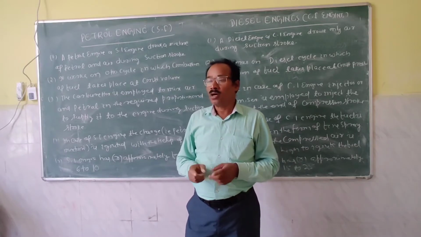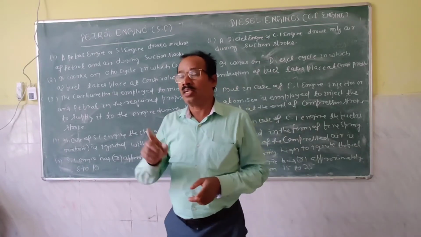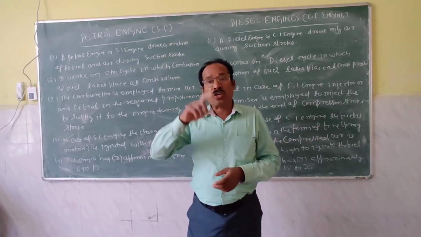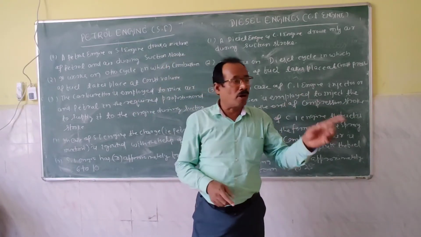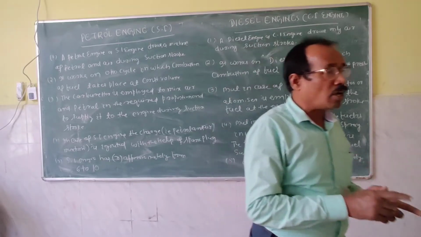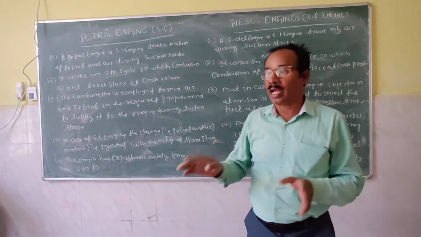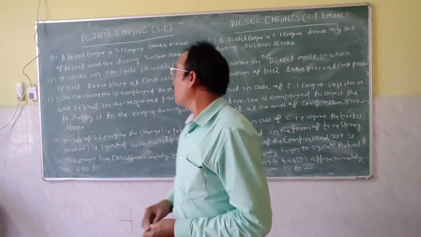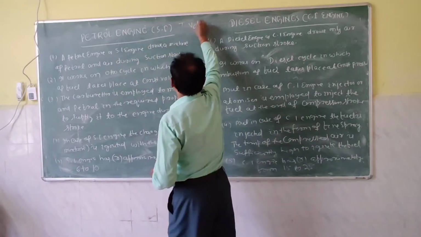When the piston is at top dead center, there is some volume between the piston and the cover end side. That is known as clearance volume, or Vc.